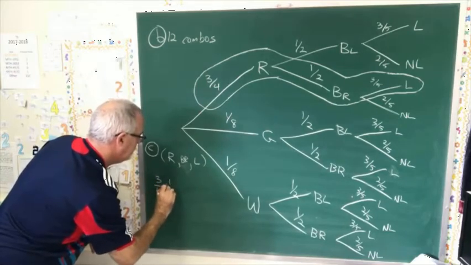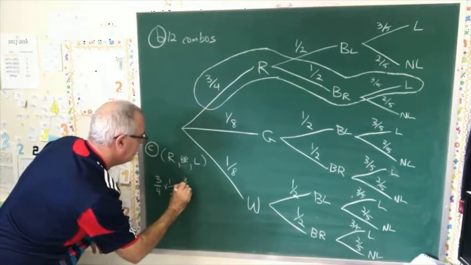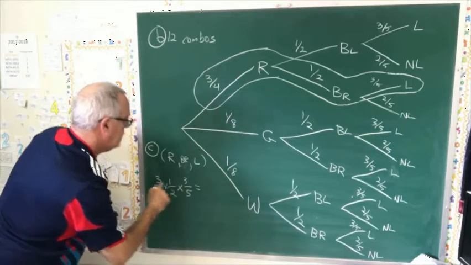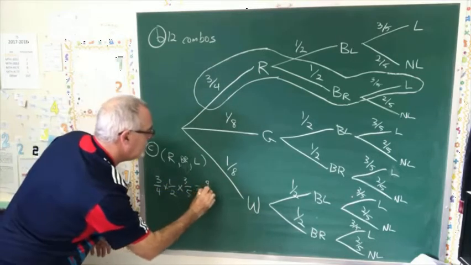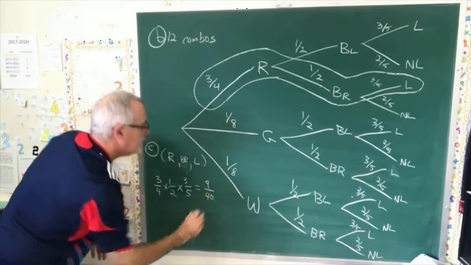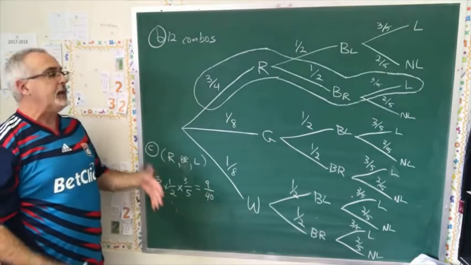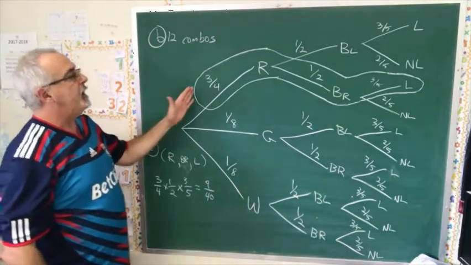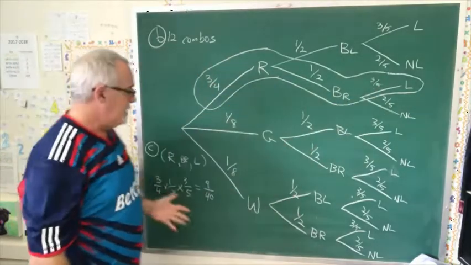3 times 1 is 3, times 3 is 9, my numerator is 9. 4 times 2 is 8, times 5 is 40. So 9/40ths is the probability that I will get this combo if I select at random.